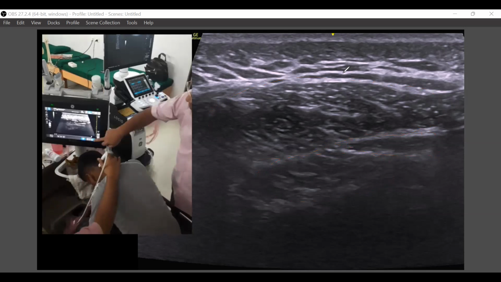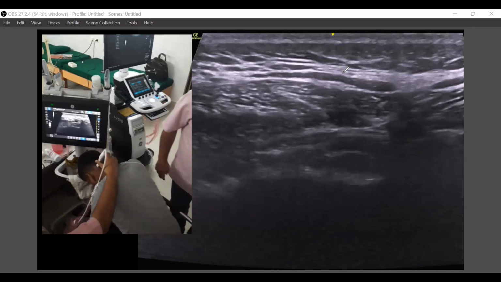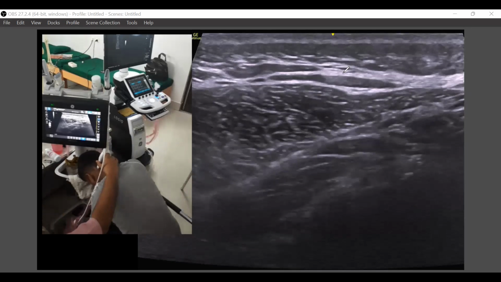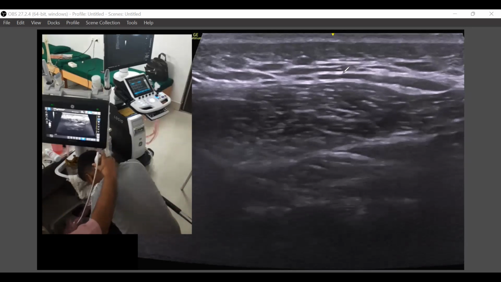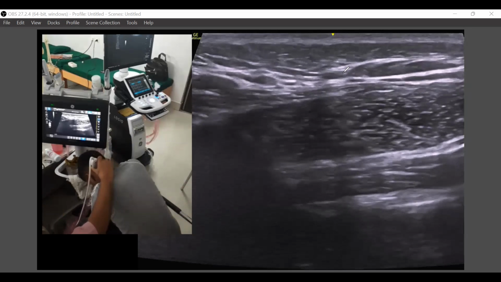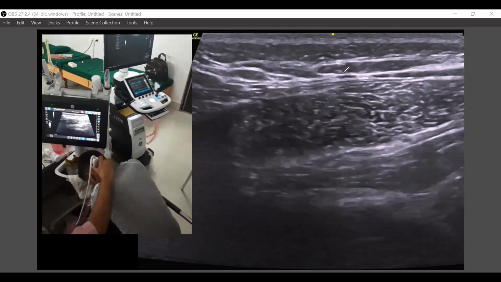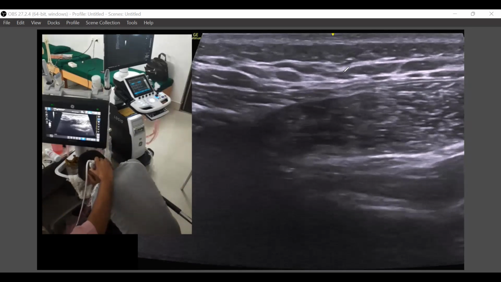I was at this level, and now I am coming more down. Okay, before that, at this level, let me go laterally and see what else we can see. When we are going laterally, the muscle appearing on top, above the semispinalis, is your splenius capitis.